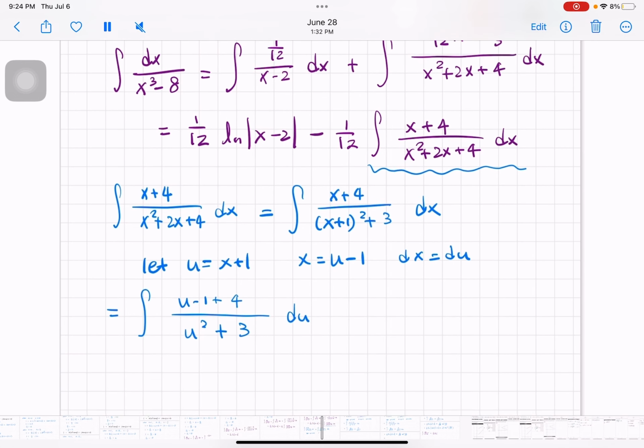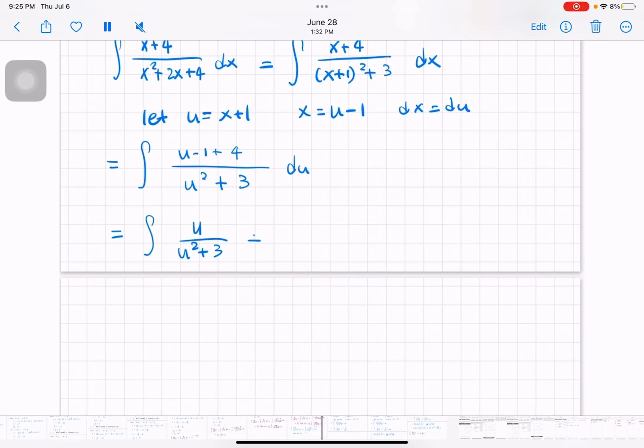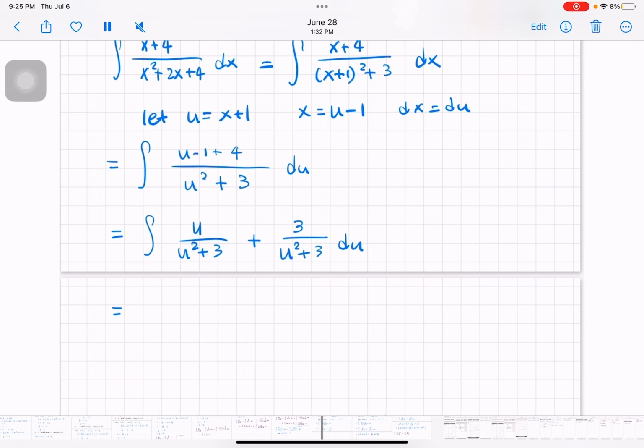So the problem becomes the antiderivative of u minus 1 plus 4 over u squared plus 3. And we can break it as u over u squared plus 3 and 3 over u squared plus 3. We can only break the numerator when they are doing addition, but not the denominator.